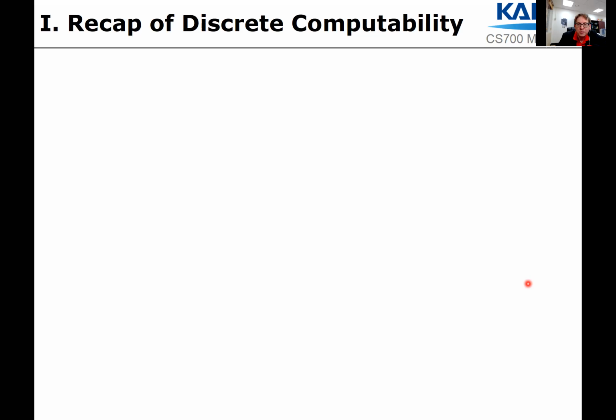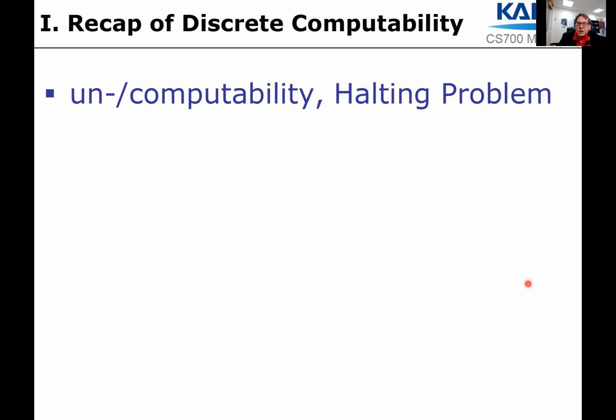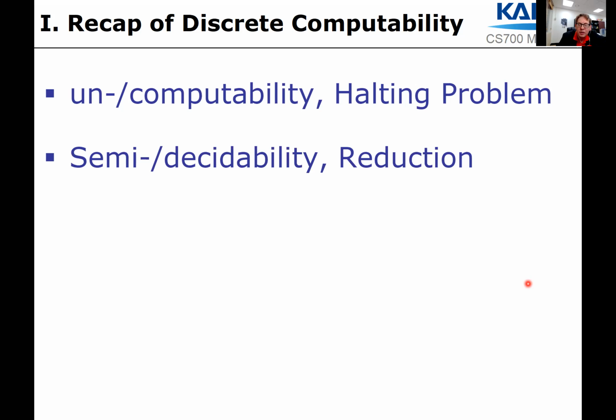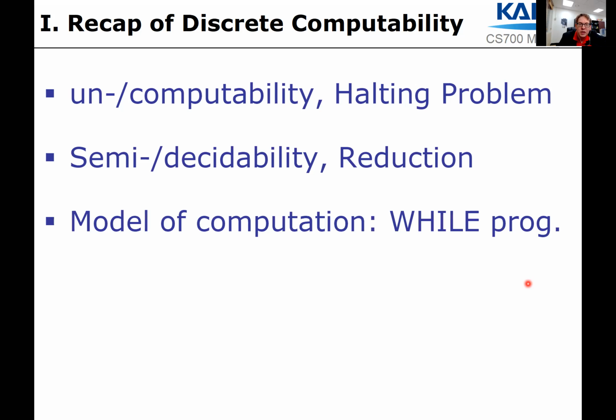in terms of computer science of continuous data. Before that, we recalled the classical, that is the discrete theory of computability over discrete data, starting with the halting problem, formalizing computability and uncomputability, and semi-decidability using notions of reduction.